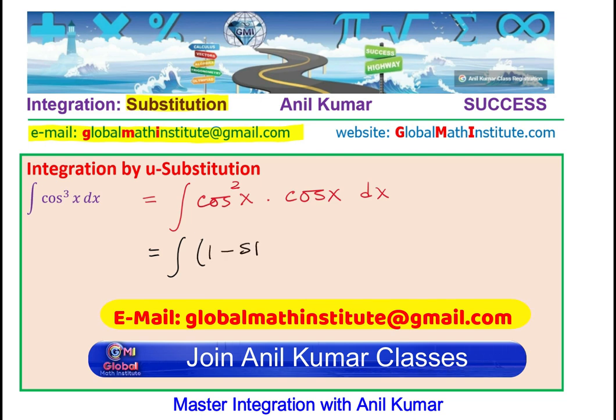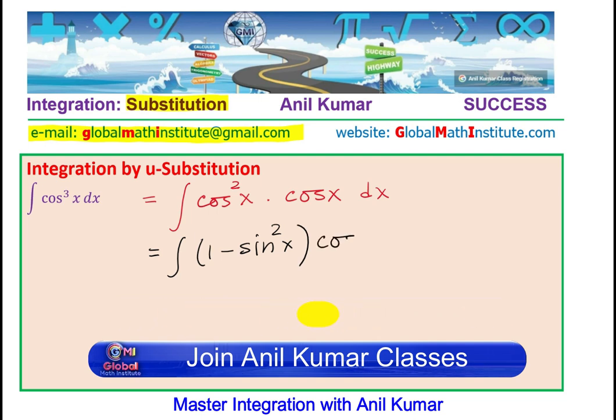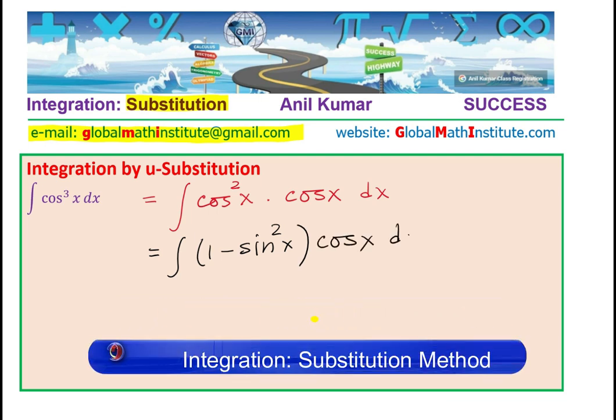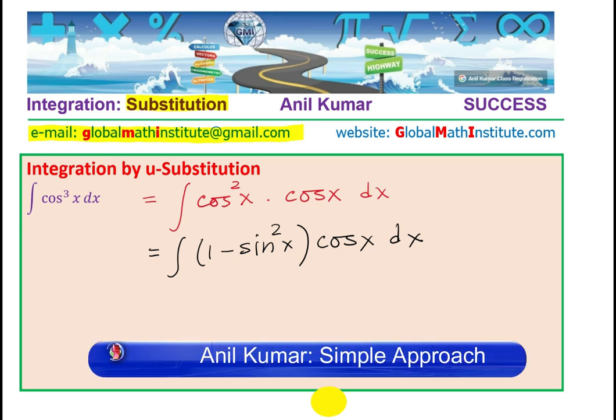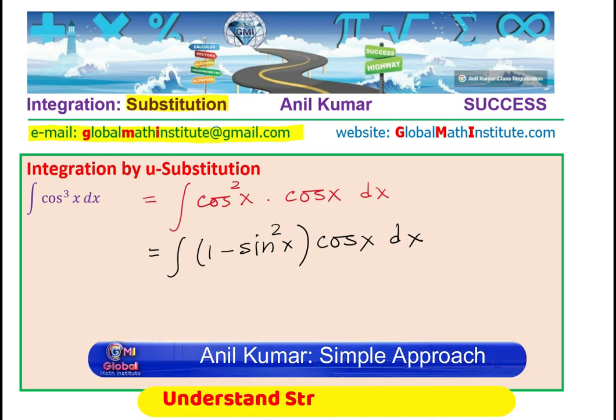And now you see we have something where we could apply the substitution method. Perfect. So now if I substitute for 1 minus sine square x, I could actually get to some result. Making sense to you, right? I hope it is.